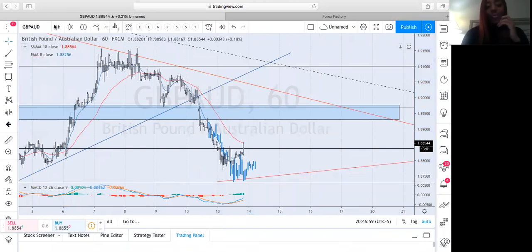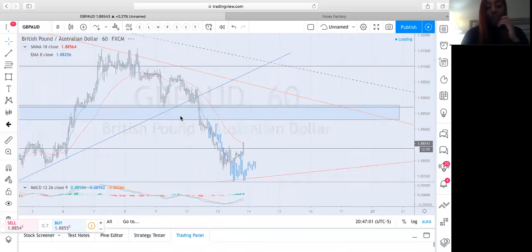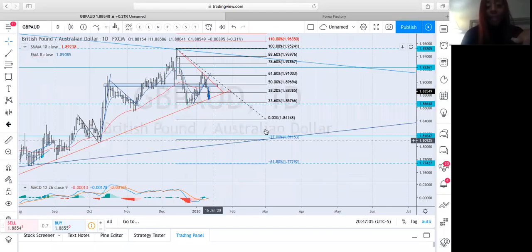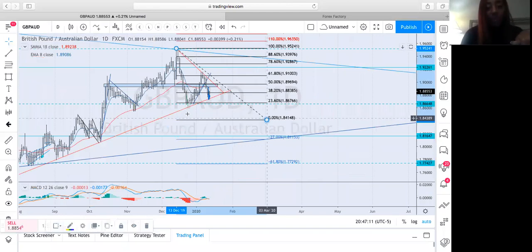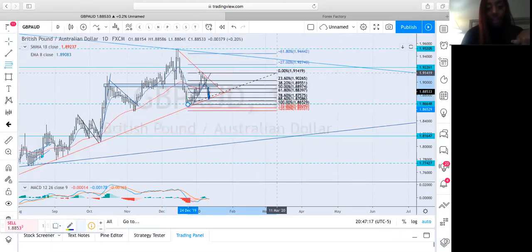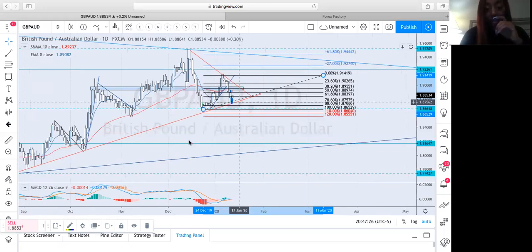Now, looking at overall structure, we had this level in mind, so just put that in your mind. But on the sub fib, I also want to show you something. On the sub fib from where price is, A to B, if price respects this daily trend line and does not break it, and we have a lot of exhaustion here already.